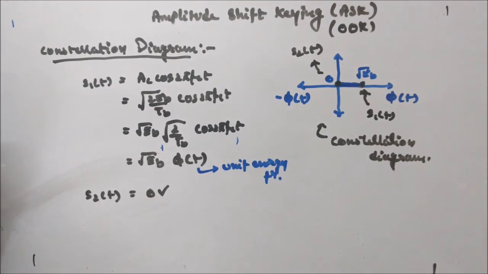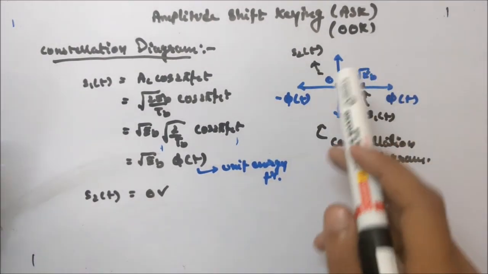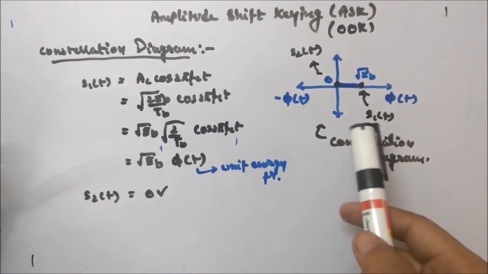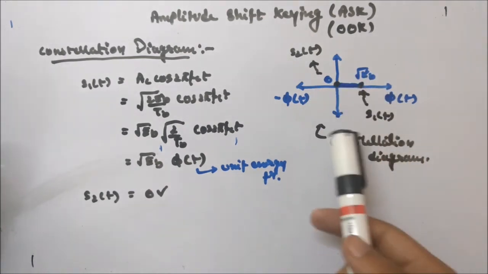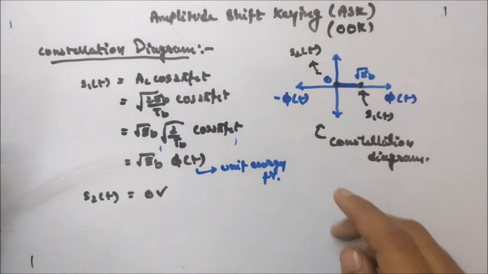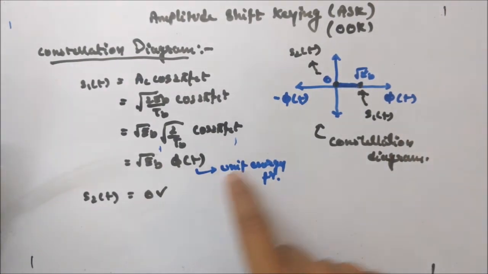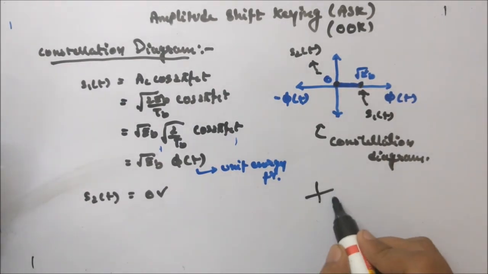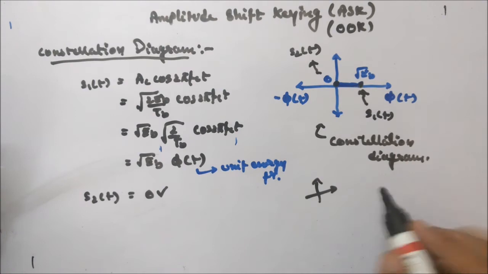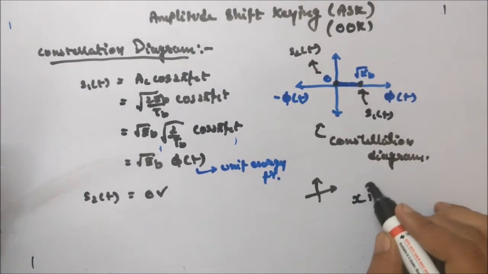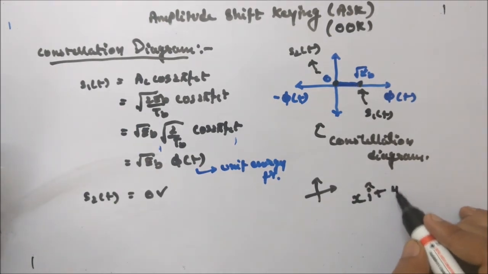This is very useful. Okay, so now I am going to write some things about this diagram. You can think of it as a coordinate axis where phi t is your unit vector, and you are representing the amplitude with respect to the unit vector. Just as in an xy axis, you represent a vector as x i cap plus y j cap, something like this.